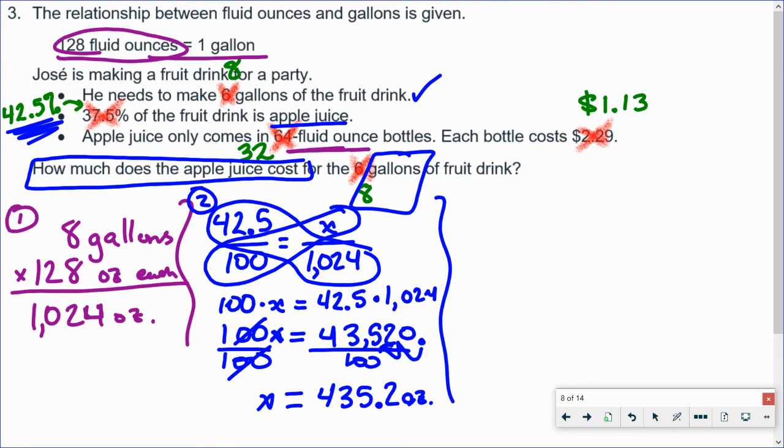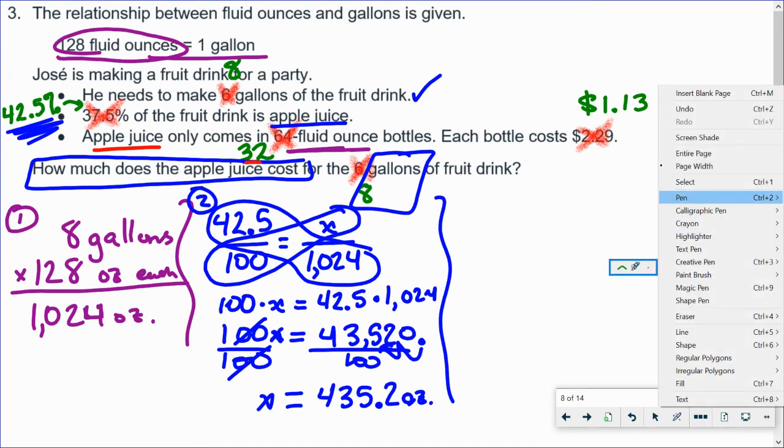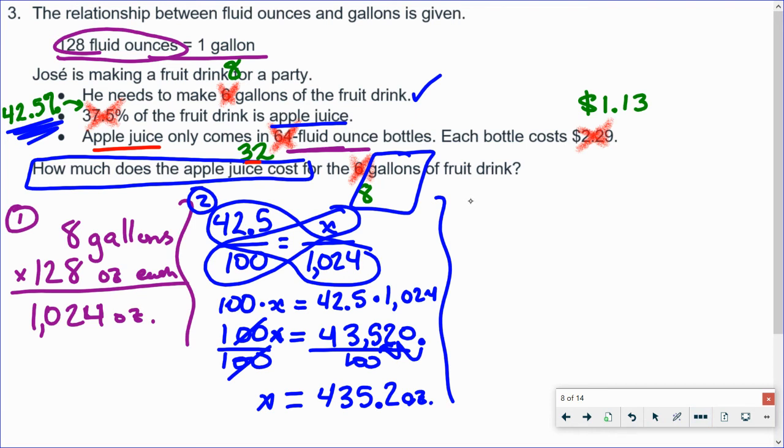Step number 3, why are we doing this? Because we want to know how many bottles we're going to buy. Apple juice comes in 32-ounce bottles. So if I take 435 2/10 ounces and I divide it into 32-ounce containers, I'm going to get, why do I have a bad feeling about this? 435 2/10 divided by 32.